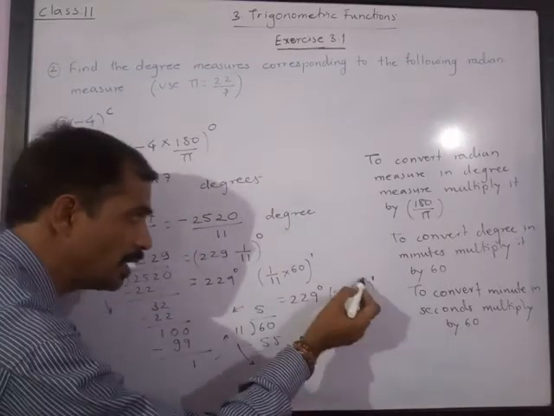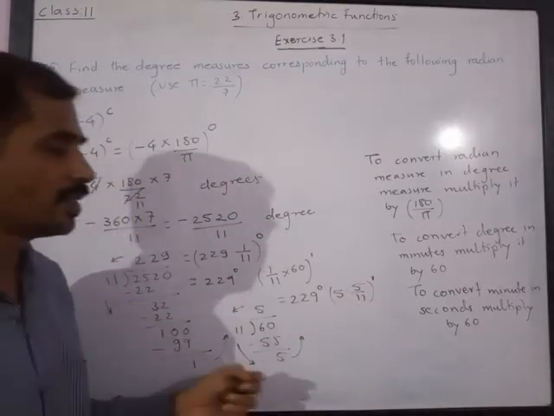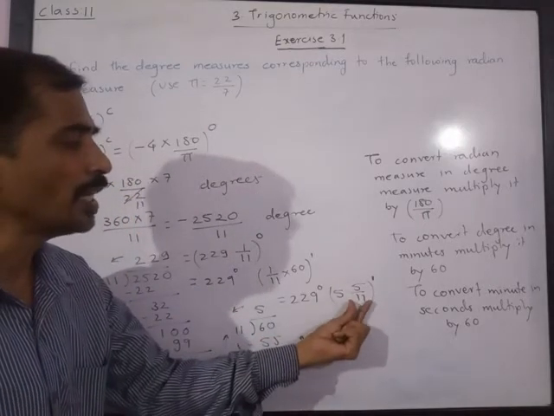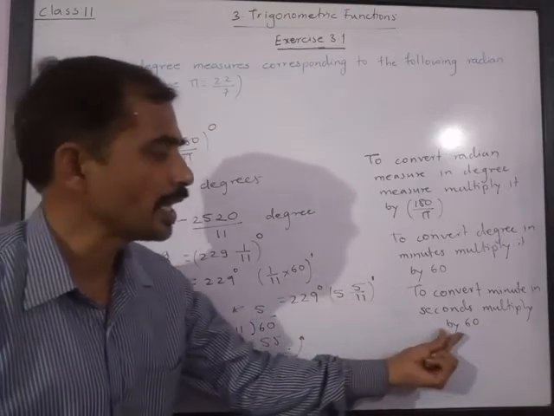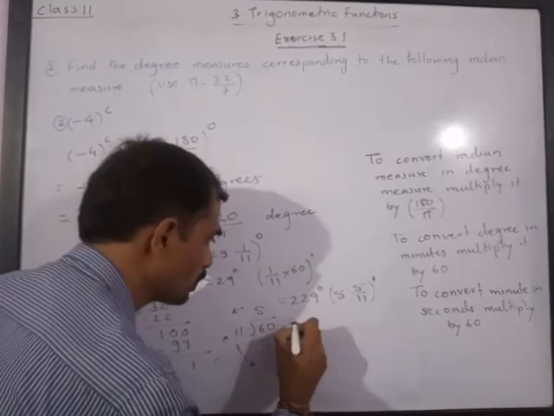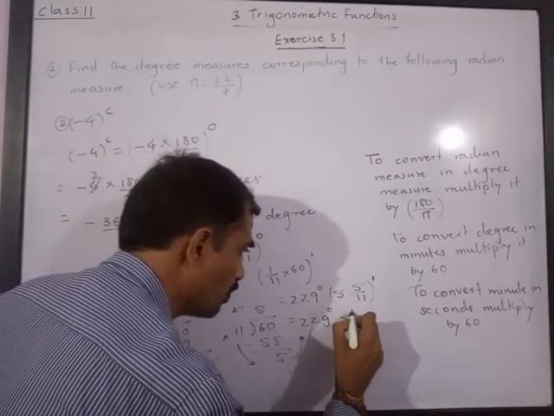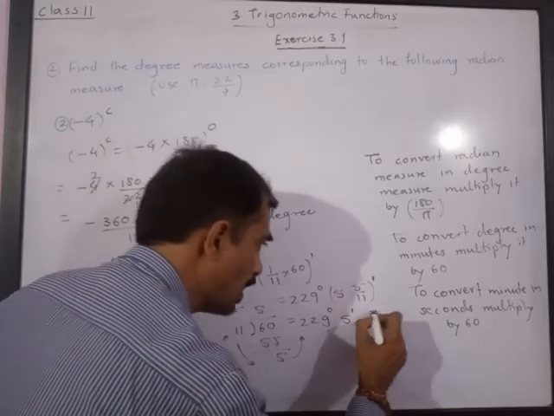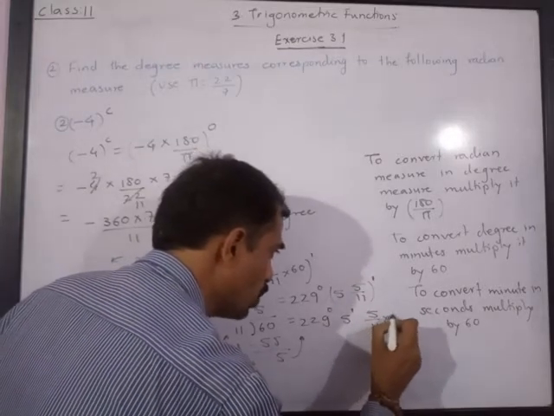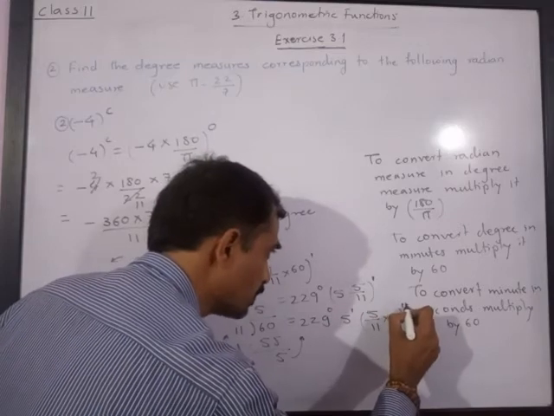Now again, this 5 upon 11 minutes we need to convert into seconds. To convert 5 upon 11 minutes into seconds, again we multiply by 60. So this is equal to 229 degrees, 5 minutes and 5 upon 11 into 60 seconds.